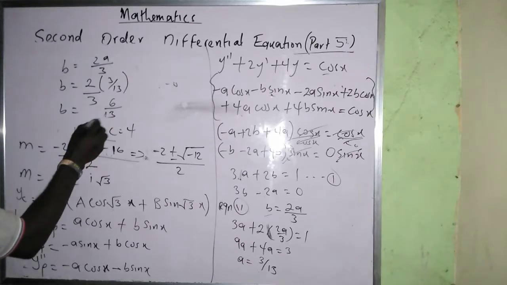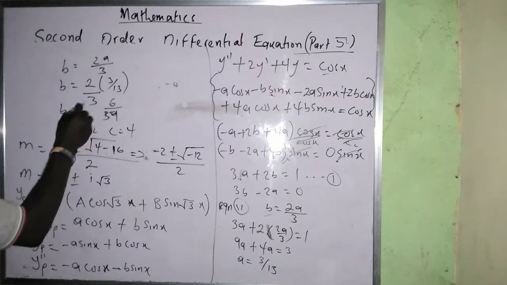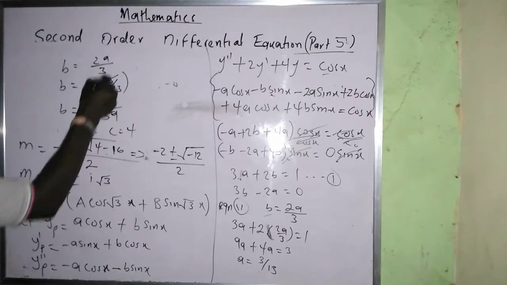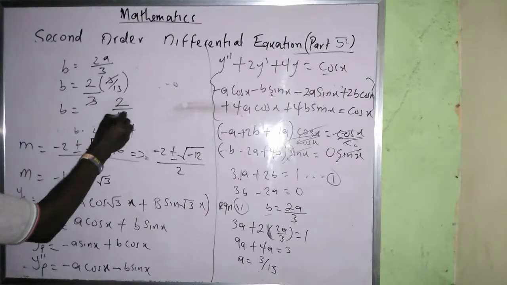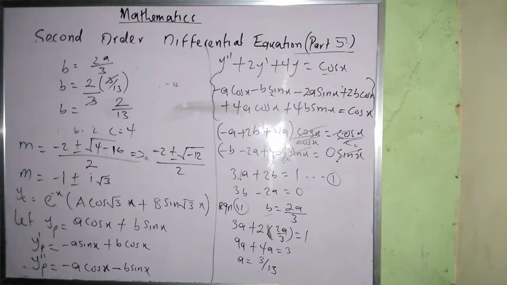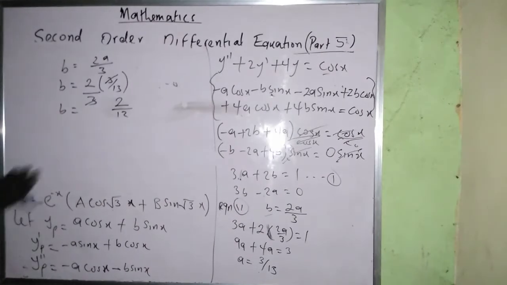All over 39. I think even 3 will cancel 3, which is, I'll be having 2 all over 13. Since I have this, 2 all over 13, I will now come back to my y particular.